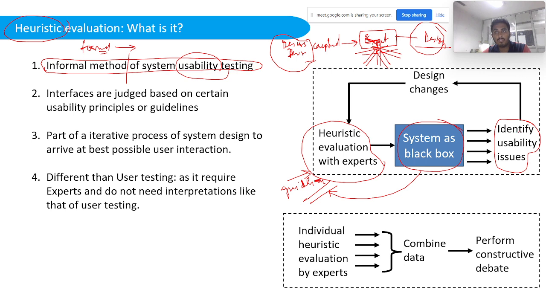Okay, so based on those standard or generic guidelines, experts identify certain usability issues, and then based on that, the developers and designers again make design changes and give it to the heuristic evaluators to check again and again.